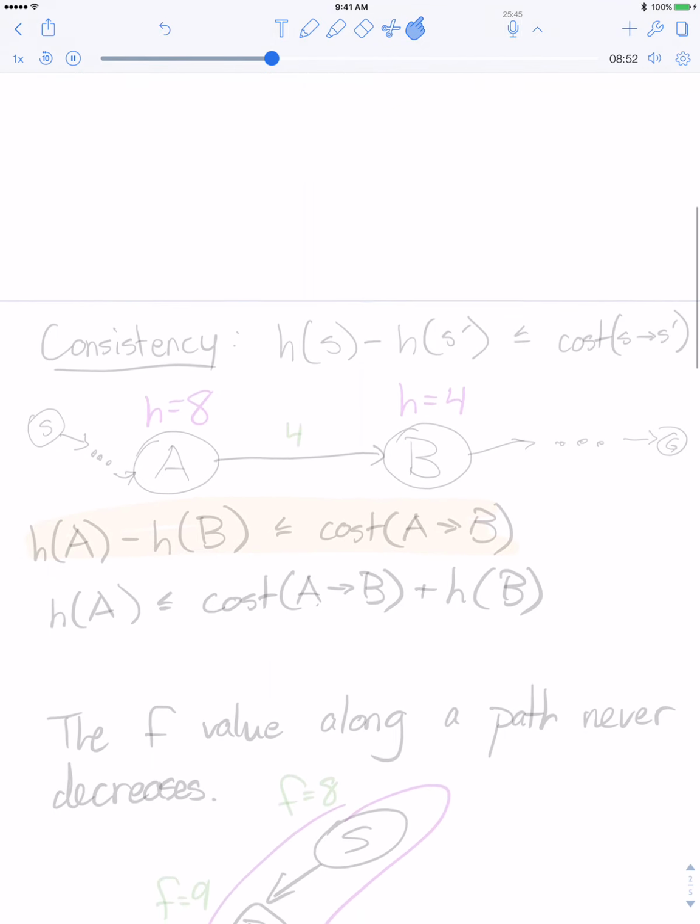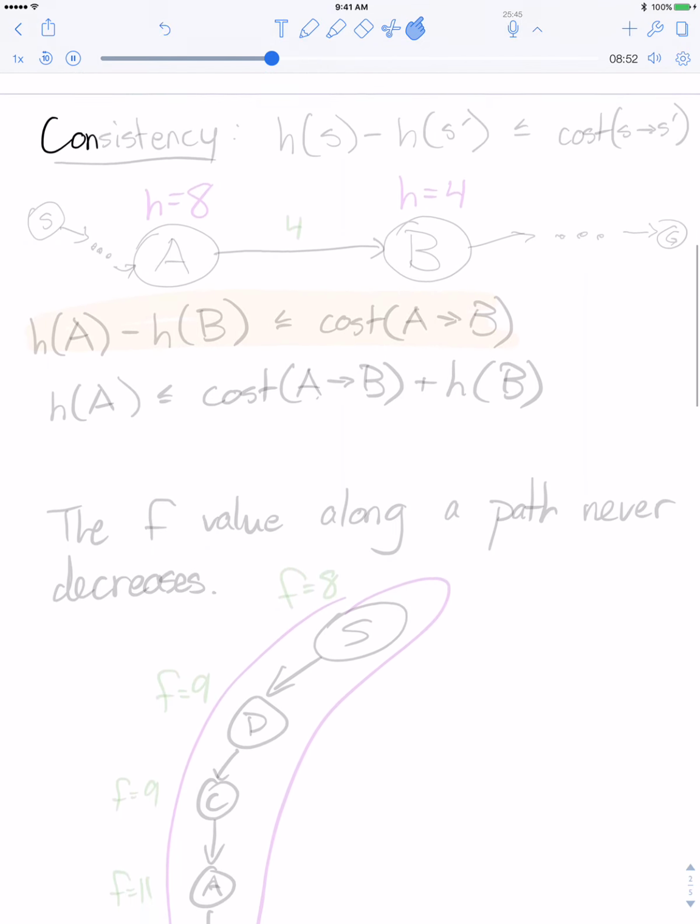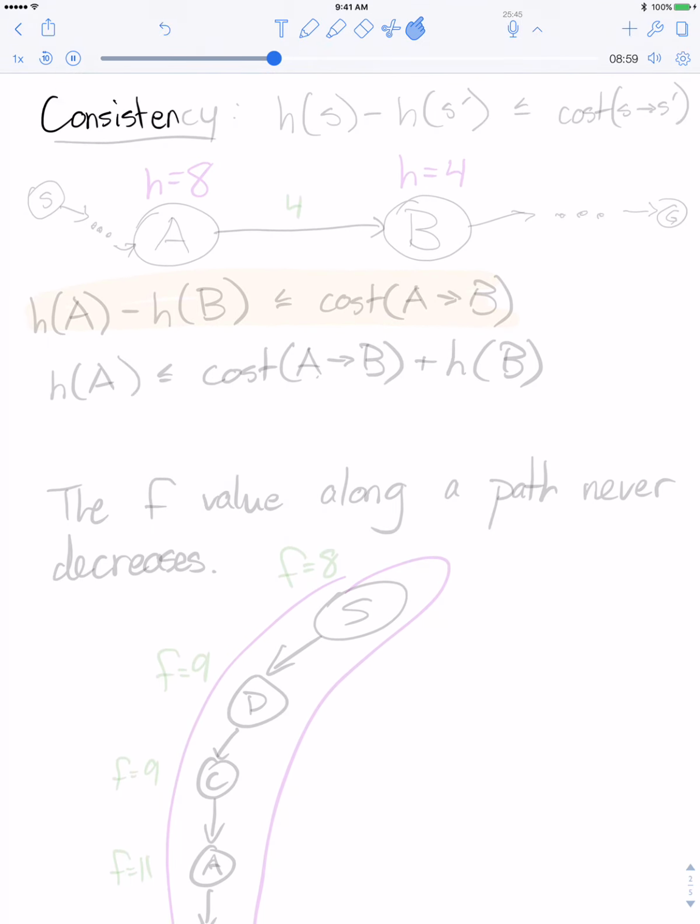So I'm first going to give you a definition before showing you why this is exactly what we want. Consistency. Now, instead of comparing to the optimal heuristic, consistency is a property of one heuristic that compares this heuristic at one node to this heuristic at another node.